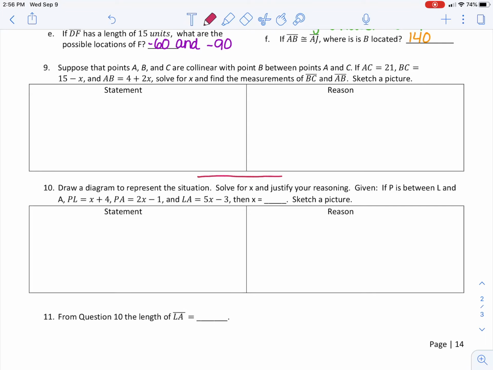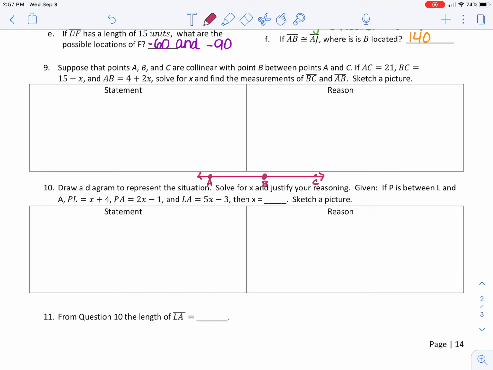Collinear means that you're on the same line. So we have A, B, and C all on the same line, and point B is between A and C, which I already have labeled.